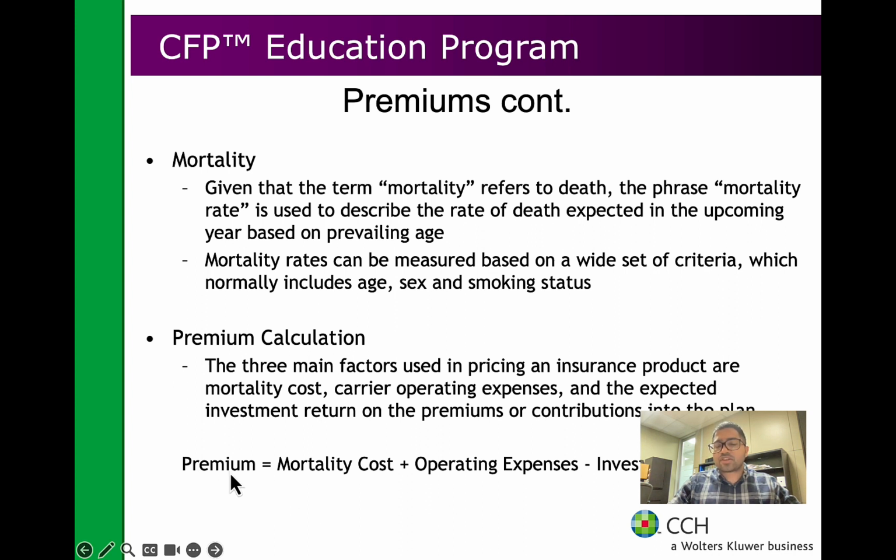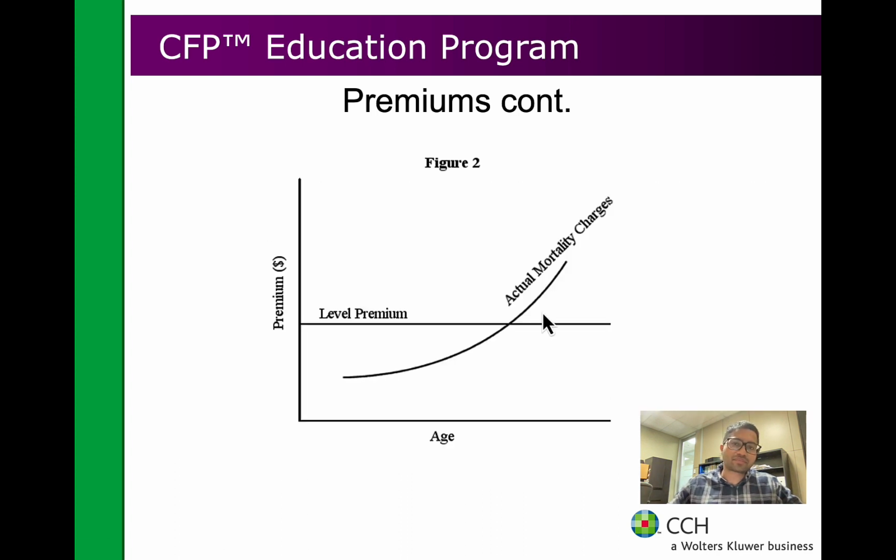So the premiums that you pay is mortality cost, the cost associated with death and the payment of that death, plus operating expenses for the insurance company, which includes a small profit margin, minus the investment return that your premiums are generating, which you are entitled to. So if you're entitled to certain investment returns based on your premiums, then that is subtracted.